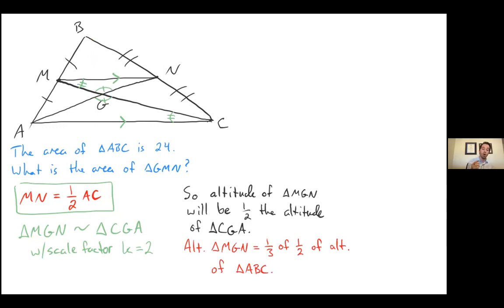So MN is 1/2 AC. We know that from the mid-segment theorem, right? Now we also know that the altitude of triangle MGN is equal to 1/6 the altitude of ABC.